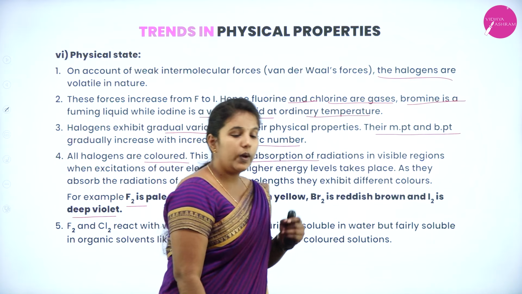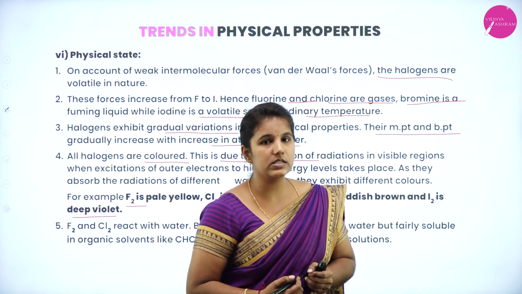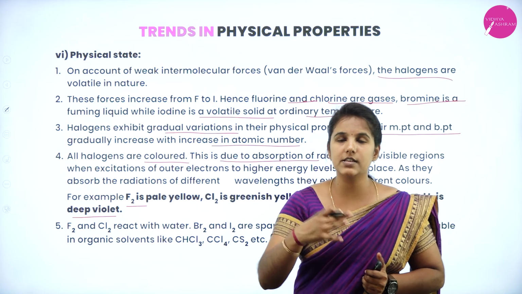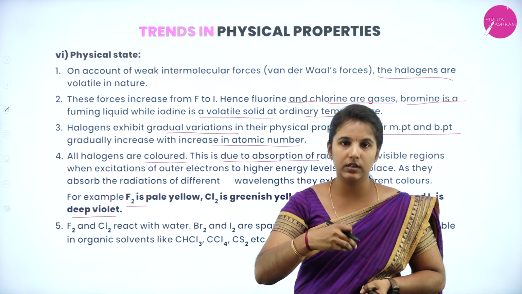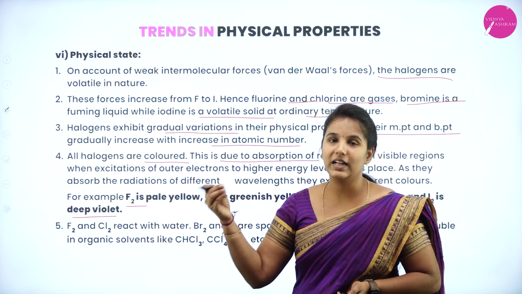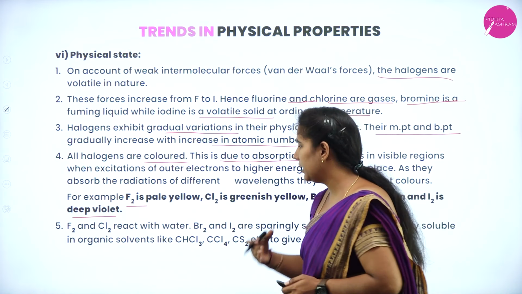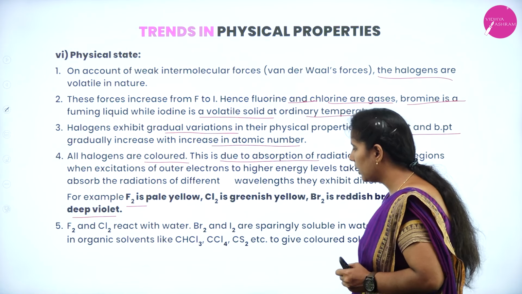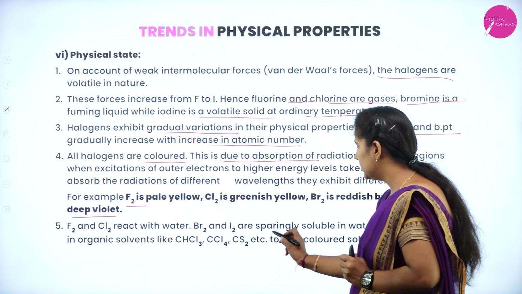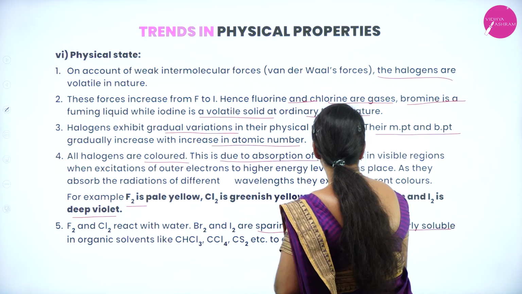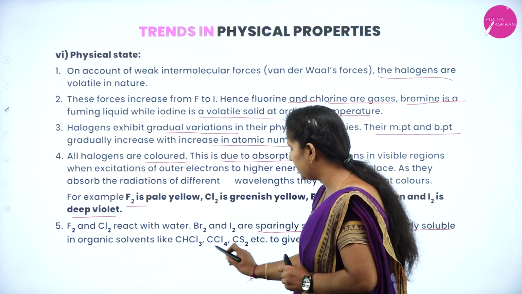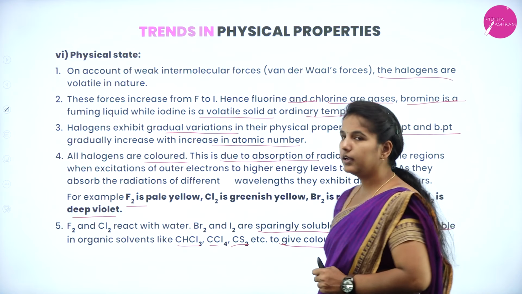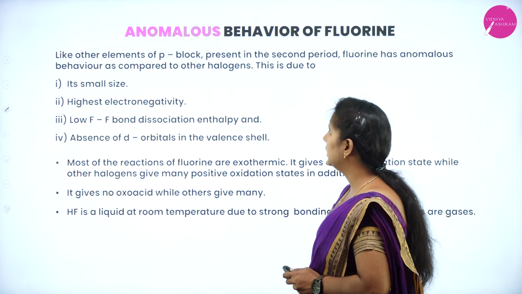Hope you know that while doing the salt analysis in your laboratory, if bromine is there in your compound, it gives brown fumes, the gas which is coming out, that confirms that bromine will be there in our compound. Whereas fluorine and chlorine react with the water, and bromine and iodine are sparingly soluble in water, but soluble in organic solvents such as carbon tetrachloride, carbon disulfide and chloroform, and give color to the solution.